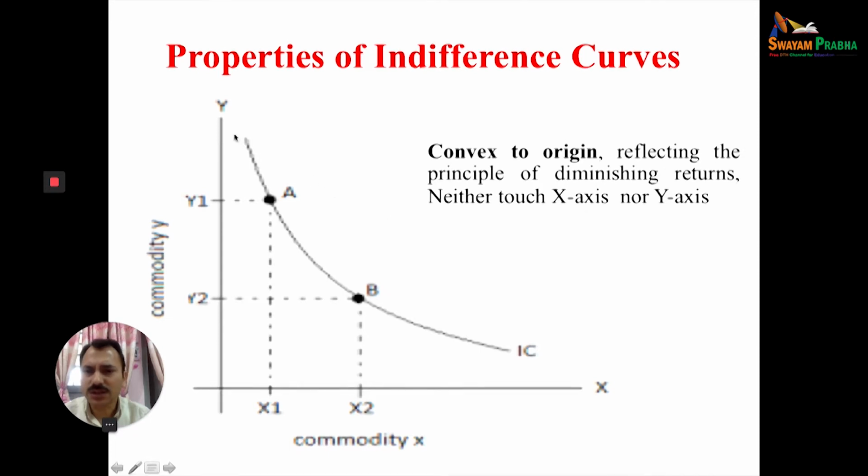Another important property of this curve is that it will never touch the x-axis or the y-axis. We have to assume that it will never touch the x and y axes.